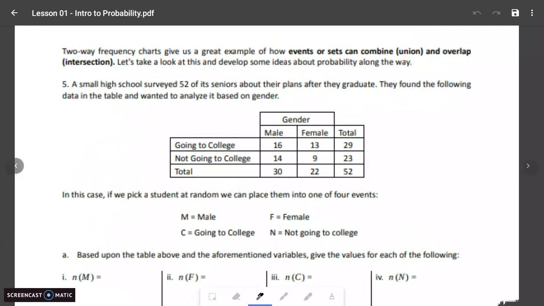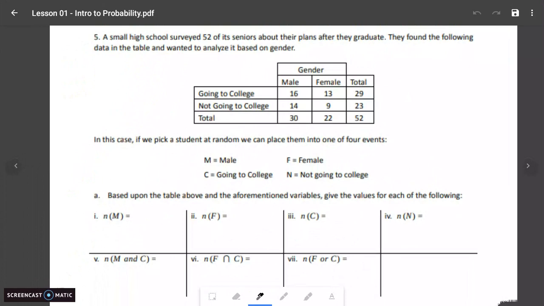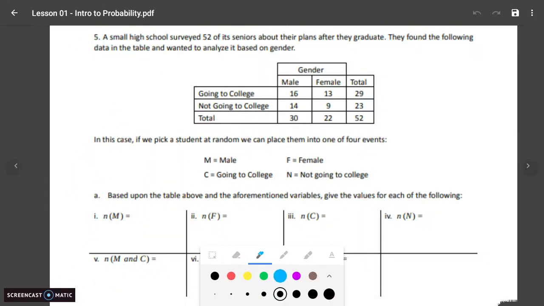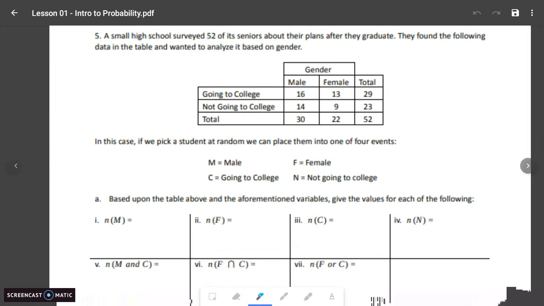So M is for male, F is female, C is going to college, and N is not going to college. So in this case, when I'm looking here, it's just asking about the total number of males. So that is down that column here, and it's asking for the number for N, so that's 30.